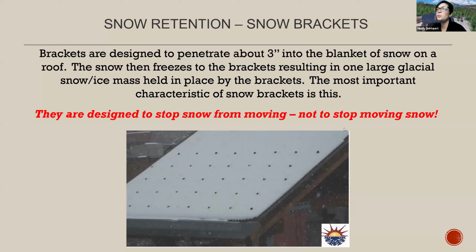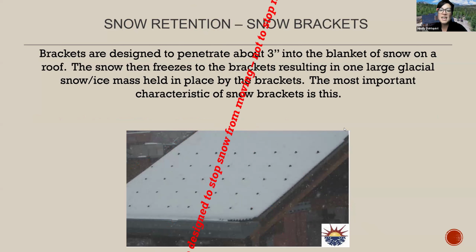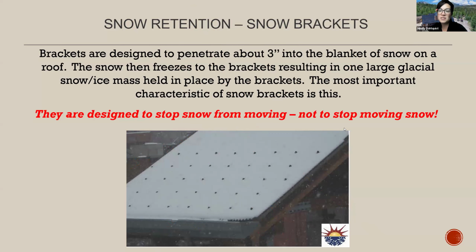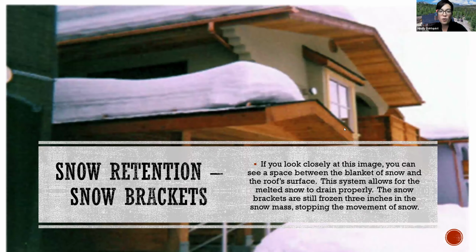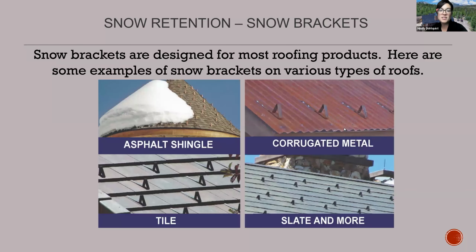These are placed in an even pattern, staggered across your roof surface, and the goal is to stop that snow from ever moving. They do allow for proper drainage to occur underneath that snowpack, and snow brackets are designed for most roofing products.